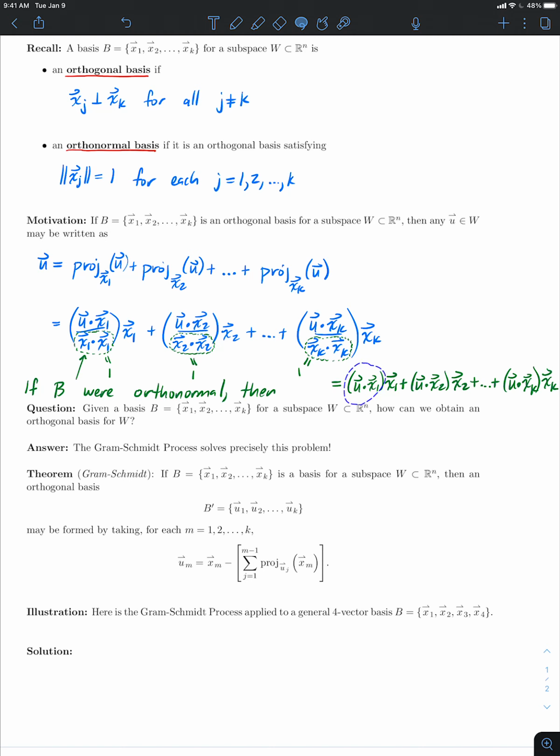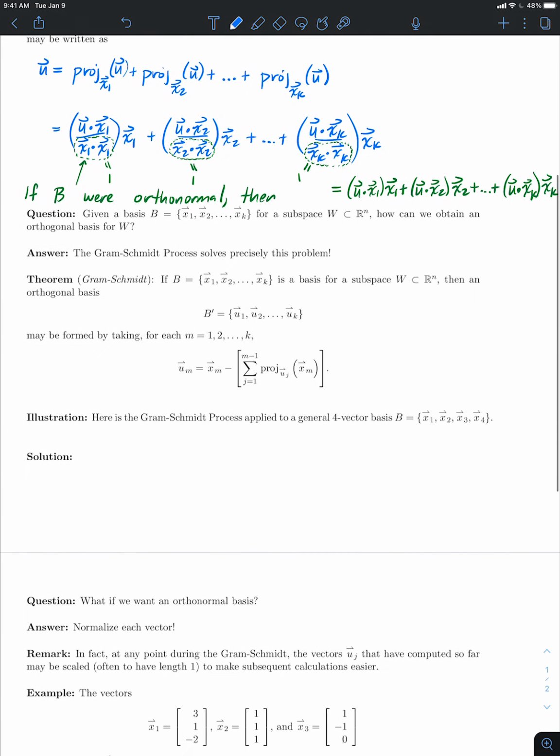Just calculating the coefficients required to form your vector as a linear combination of basis vectors is as simple as working out these dot products now. So that's actually very attractive. But remember, if your basis is not orthogonal, then you can't even do this, let alone this. Okay, so that's the purpose. That's why you should care about an orthogonal basis or an orthonormal basis.